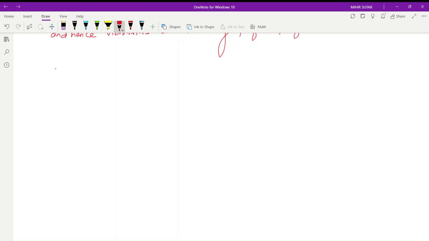Then acceleration measuring instrument. It is known as accelerometer. Generally we call this an accelerometer.